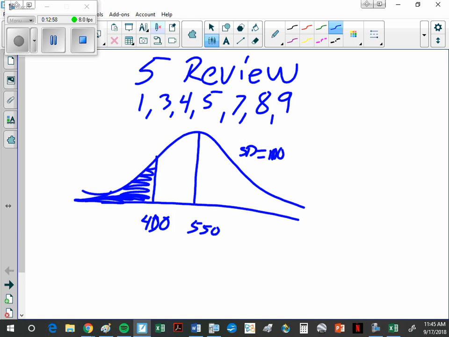Okay? So I need to do 400 minus 550. Why did I do it in that order? I do it in that order because I want my sign to be correct, and in this case, we want it to be negative. So I get -150, and I divide that by 100, and I get -1.5. What does -150 tell me about this score? It's 150 points below, or to the left of, the average.